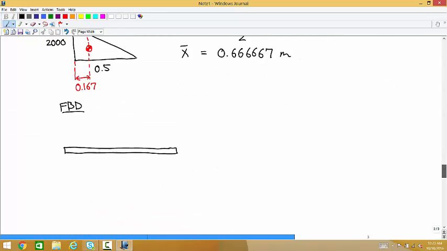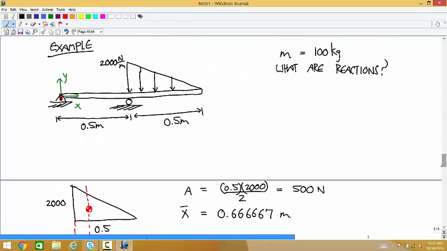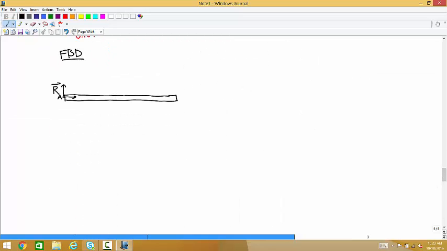I'll call that RA over here. Then there'll be the weight applied at the center. I'll put that up here just because it'll clean up the picture.